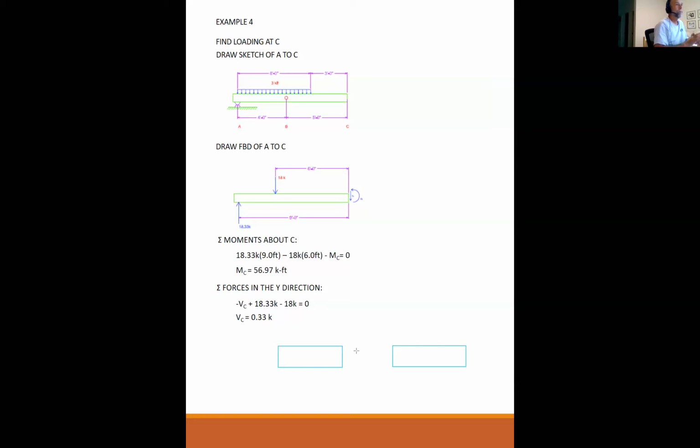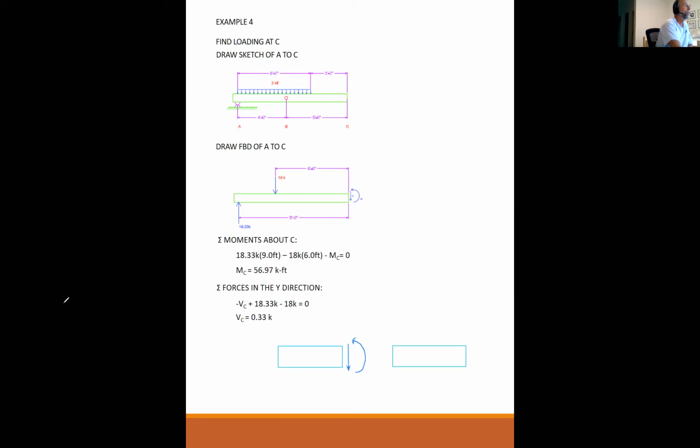And again, this is jumping ahead to, I forget how many, 6 or 7 weeks ahead. But we're going to have a constant and consistent sign convention. And what that's going to say is that when you're doing a free body diagram of the left-hand piece, positive shear is down, and positive moment is counterclockwise.